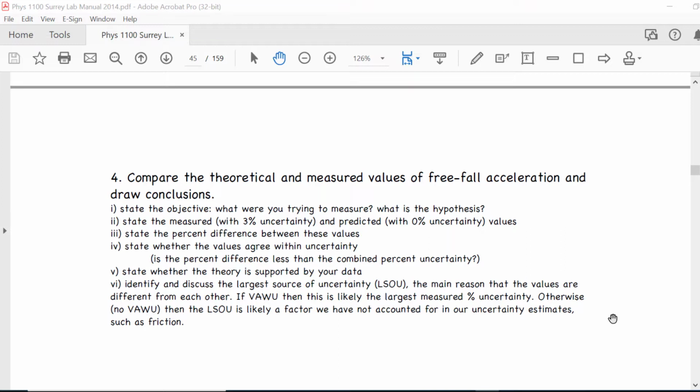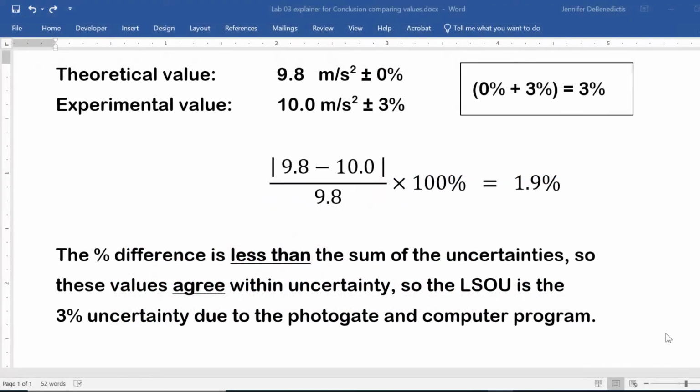And finally, the last item says, identify and discuss what the largest source of uncertainty was. Now what your answer here is going to be will be different depending on what you answered to the previous questions. So it depends on whether your values agreed with an uncertainty or not. If your values agreed within the limits of uncertainty, so your percent difference was smaller than the sum of the uncertainties, then your largest source of uncertainty is whatever measured value had the largest percent uncertainty.